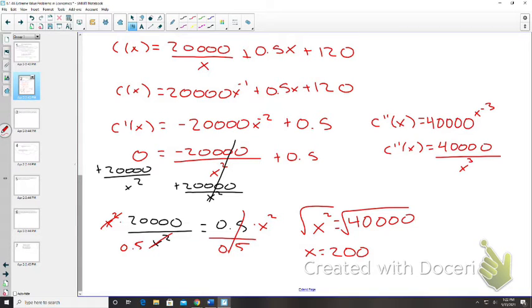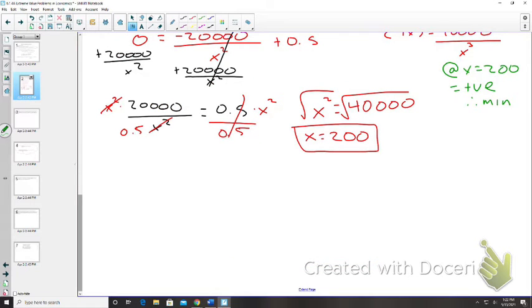Okay, so we know our x value. Remember, x is the amount of units sold. So 200 microwaves is our minimum value, hopefully. Let's double check over here. We'll substitute this in at x equals 200, and this will be positive. Therefore, it is a minimum. We're taking the second derivative test just to check our answers. Lastly, we have to make sure that we answer the question.